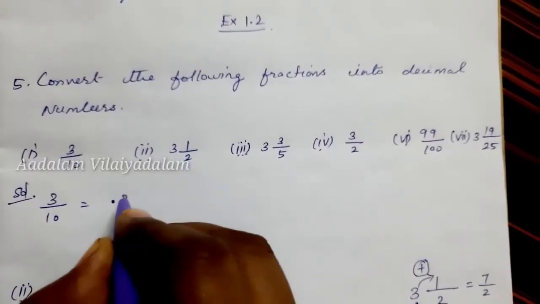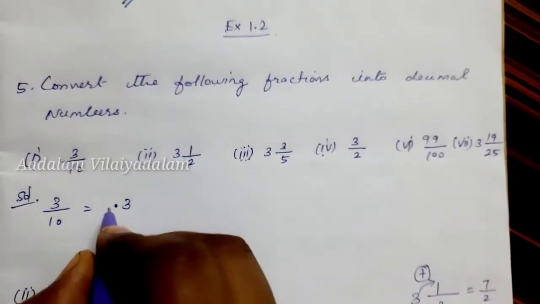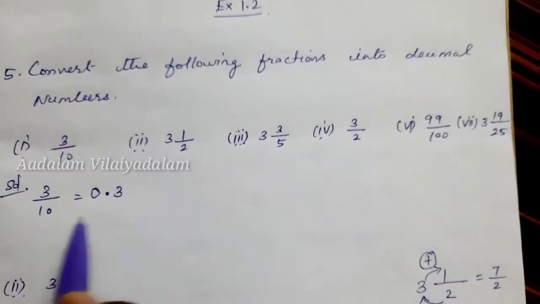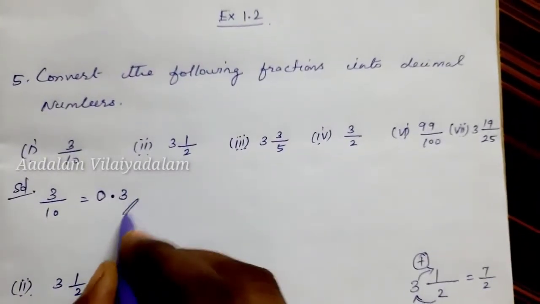Therefore 0.3 is the required decimal number. Usually we write the 0 before the decimal point.